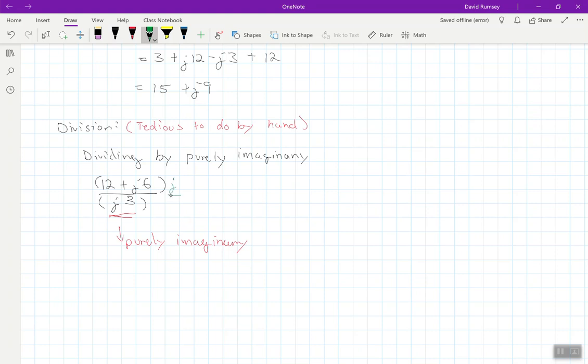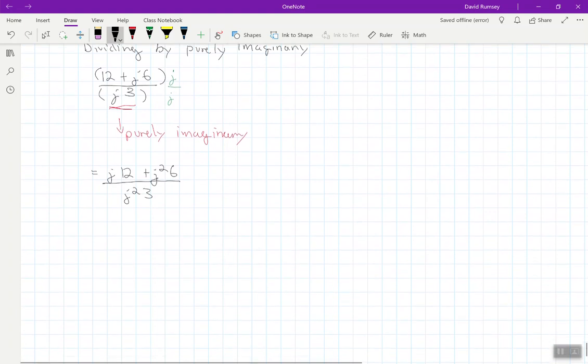So you might say, well, wait, we're doing division. Well, when we're doing division here, what we're honestly going to be doing is a lot of multiplication. So we're going to multiply the top and the bottom by j. And if I do that, the numerator becomes j12 plus j squared 6, and the denominator becomes j squared 3.